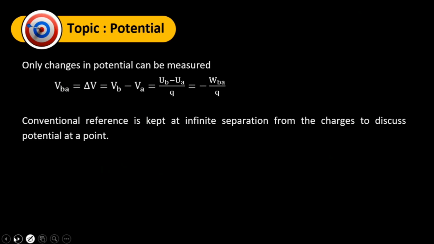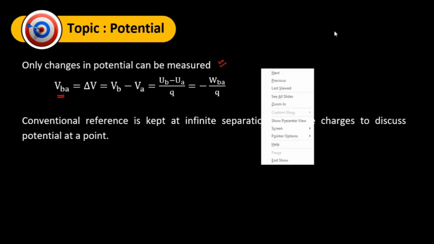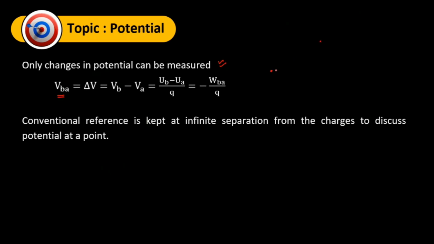So we have to understand this fact that only changes in potential energy can be measured. When we are talking about potential, we cannot measure the potential of a given point, but we can measure the change in potential between points. So whenever there are 2 point charges, or there is 1 point charge, and it has been moved from one point to another point, during that motion, we cannot actually measure the potential of individual points.